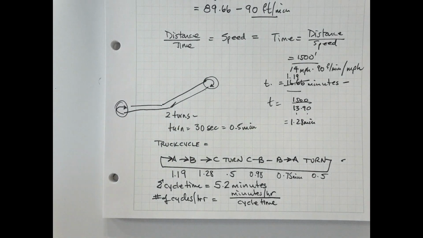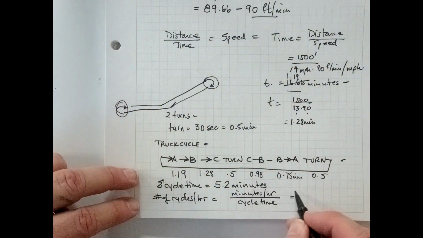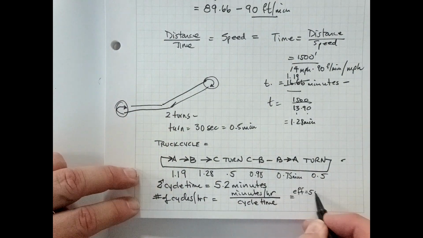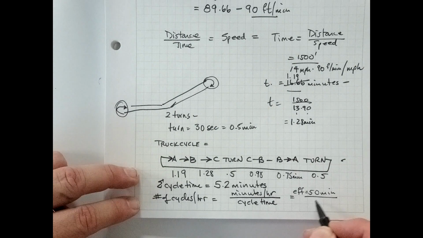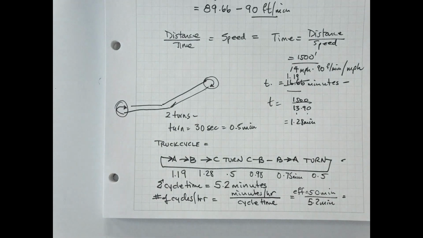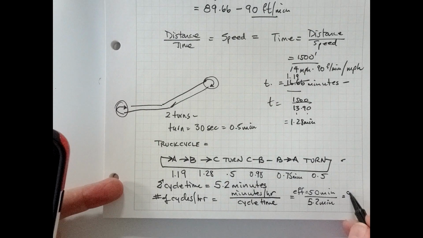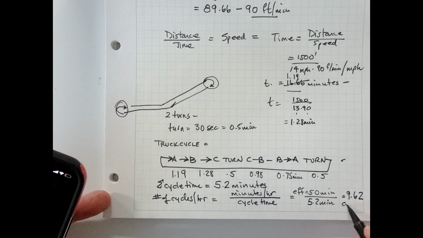But I don't have a 60-minute hour. I have to use my efficiency in here. So let's say my efficiency is 50 minutes divided by 5.2 minutes, and I can come up with what that is, and that's 50 divided by 5.2 is 9.62 cycles per hour.